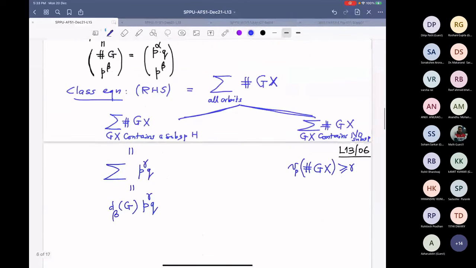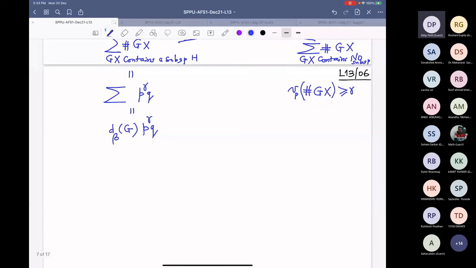That means at least one next power of p has to divide the cardinality of each orbit in this sum. And I am taking the sum of those. So therefore, this is some number s times p power gamma plus 1.